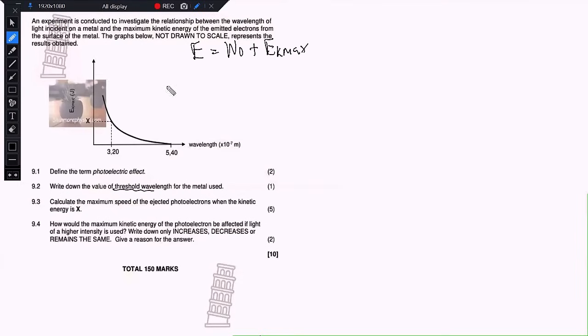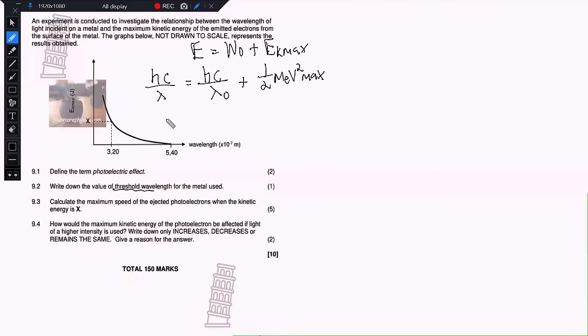And then we know in order to break this one down, this goes hc over lambda because we are given the wavelength, right? We are not given frequency. So if we are given wavelength, we have to break down the formula like that. Then also our work function will be hc divided by the threshold wavelength. And then for EK max, we have half the mass of the electron and then V squared max, right?